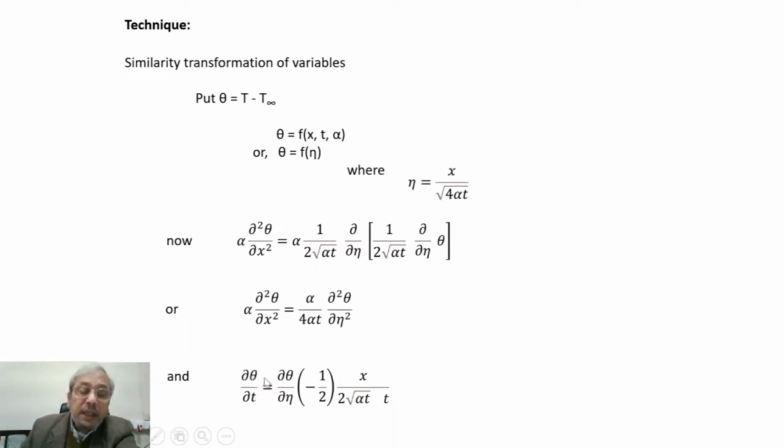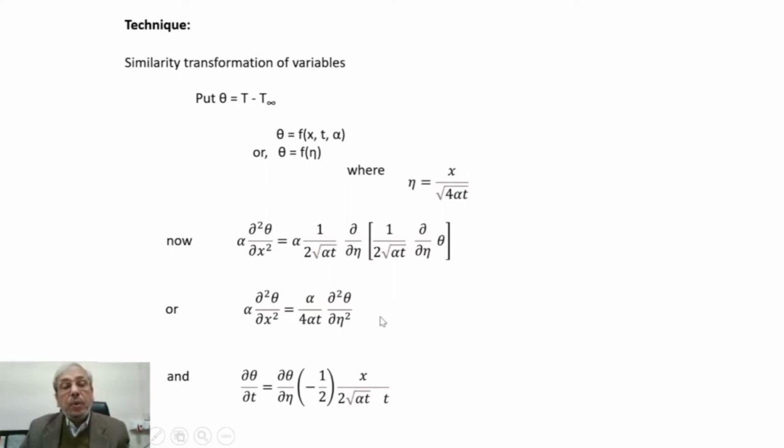Then del theta del t, we can write as del theta del eta into del eta by del t. This is basically del eta del t.